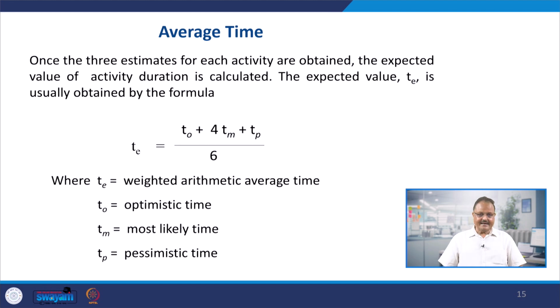And finally, we can calculate the average time, because ultimately we are going to use the average time in the projects. So once the 3 estimates of each activity are obtained, the expected value of the activity duration is calculated.